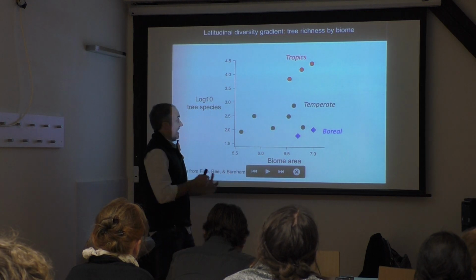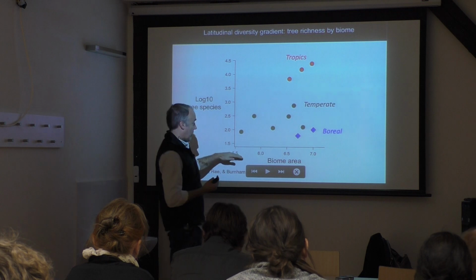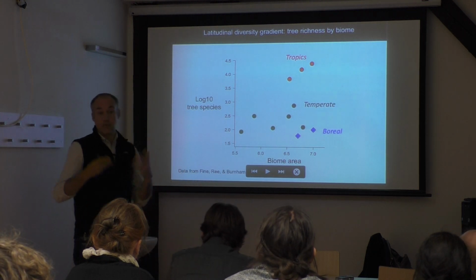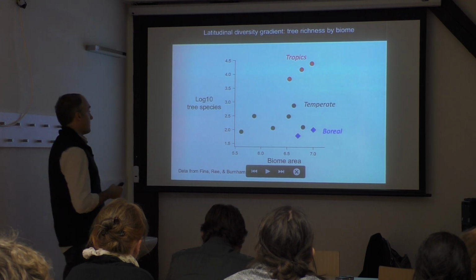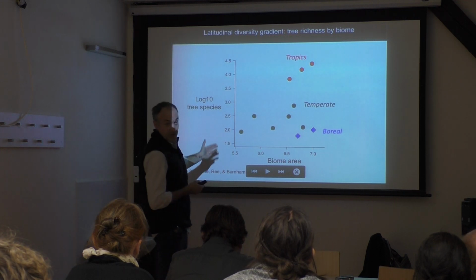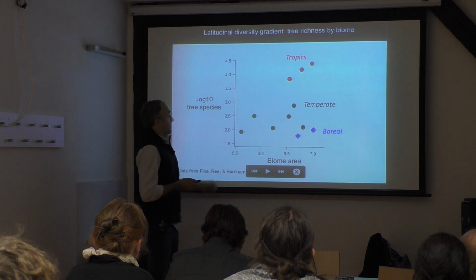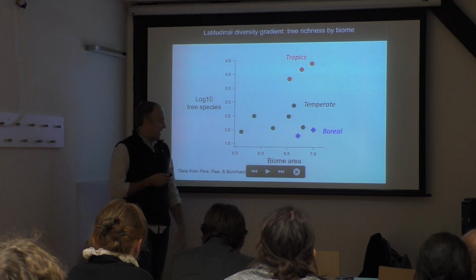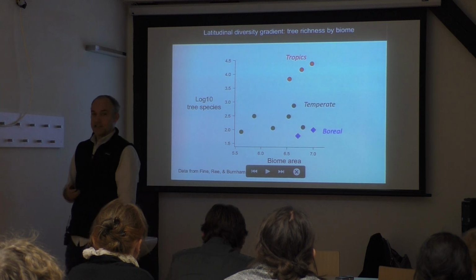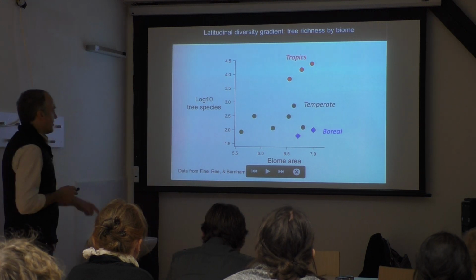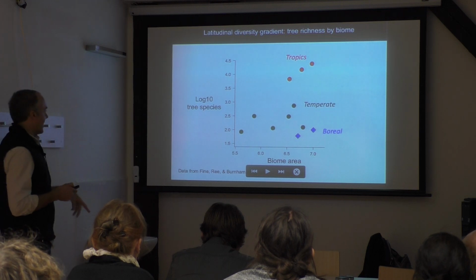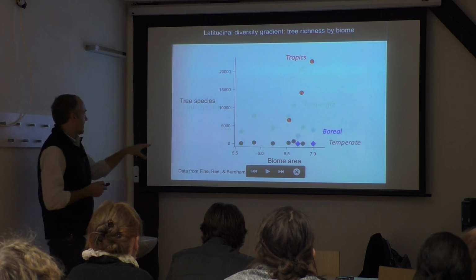You can see that they stand way out, and we're correcting for the area of those biomes here. The tropical areas stand way out relative to the temperate and boreal biomes, which have relatively few species of trees. This figure was published by Paul Fine and some collaborators in 2008. What I really like about this figure is that it's plotted on a log 10 scale, because if you unlog the axis, it really brings the pattern out.